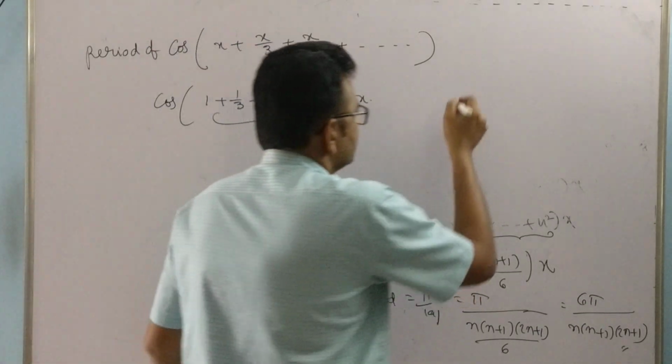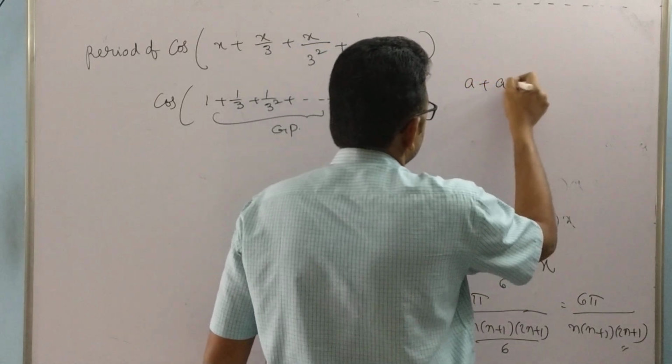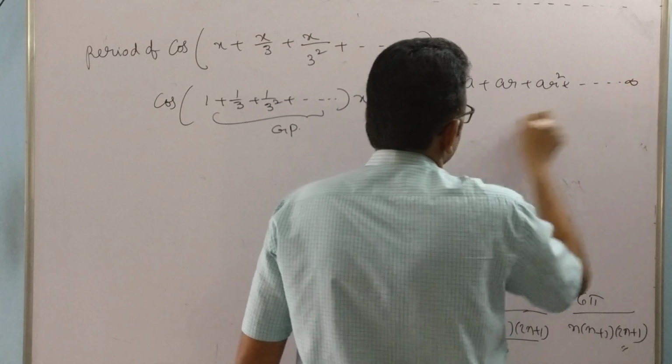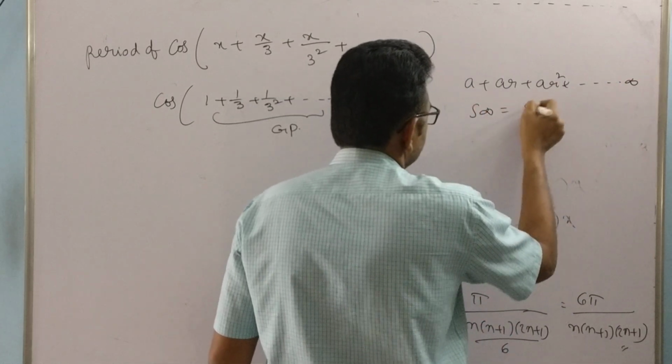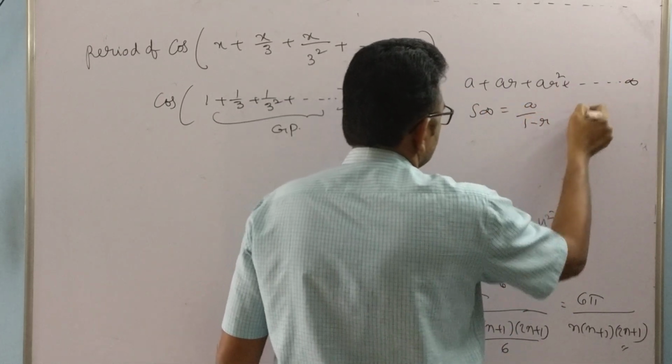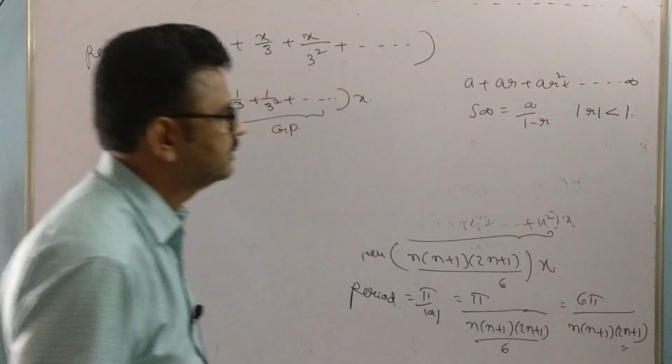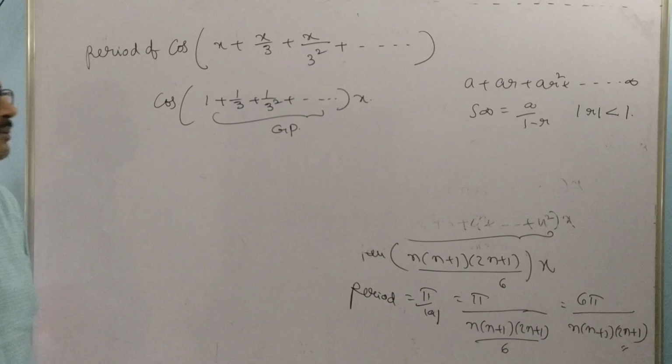So here, A plus AR plus AR square and so on up to infinity. What is the S infinity formula? A by 1 minus R, where the common ratio lies between, that is mod R less than 1.